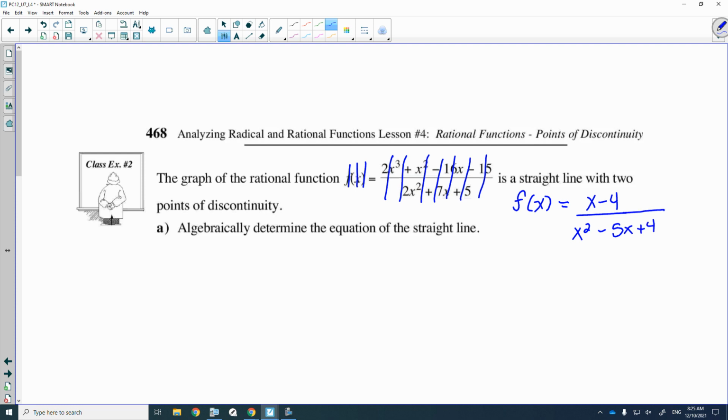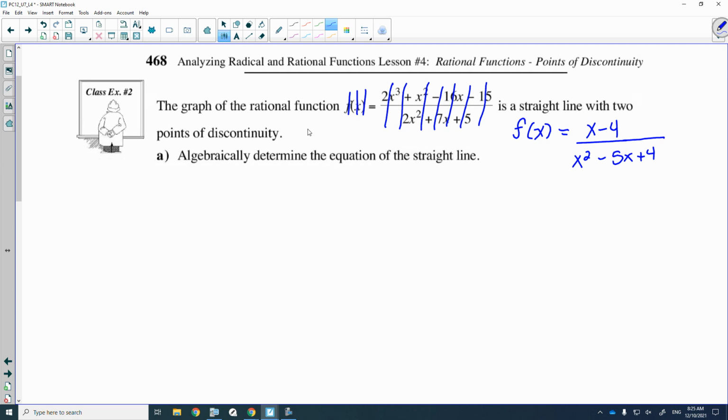First thing you do is you make sure numerator and denominator are factored. If they could be factored, you factor them, and they will be able to be factored. So we've got to factor that denominator. So f of x is equal to, I'm going to put that x minus 4 in a bracket because that's a factor. And then in the denominator, we're looking for the two numbers that multiply to 4 and add to negative 5.